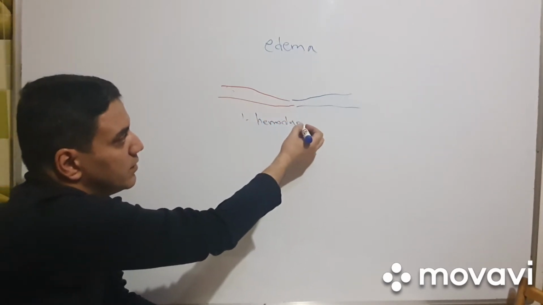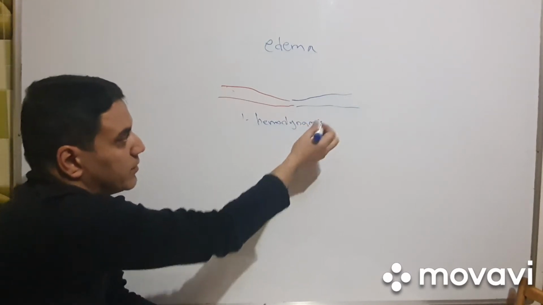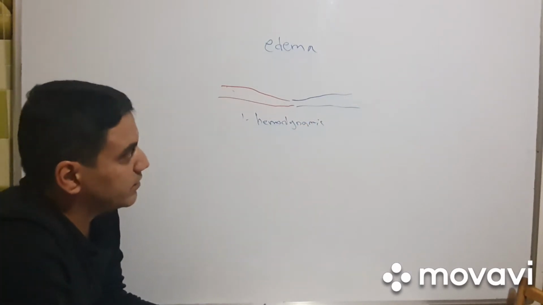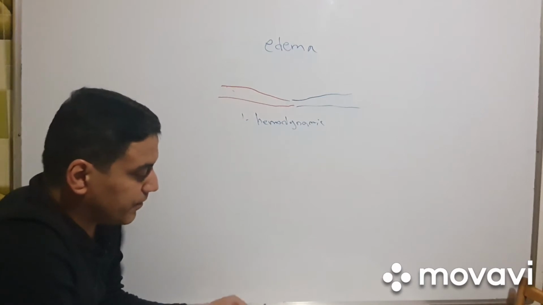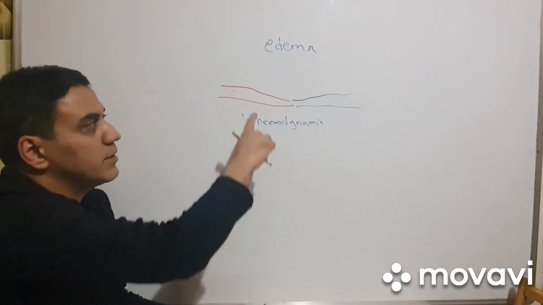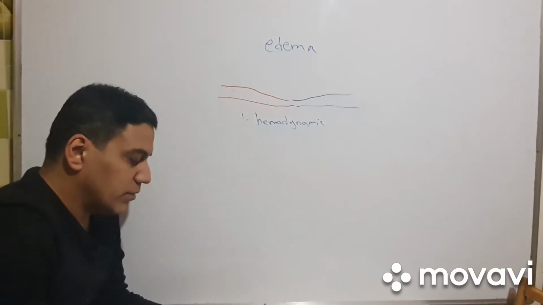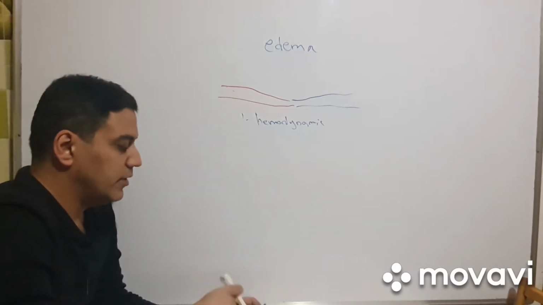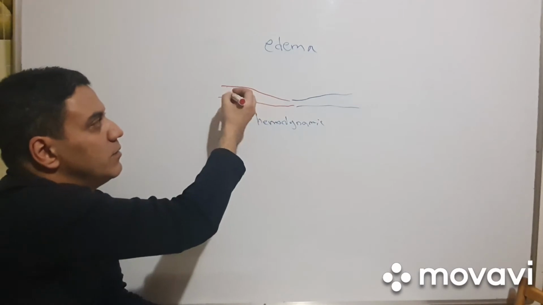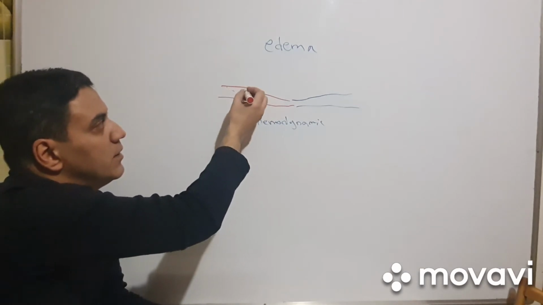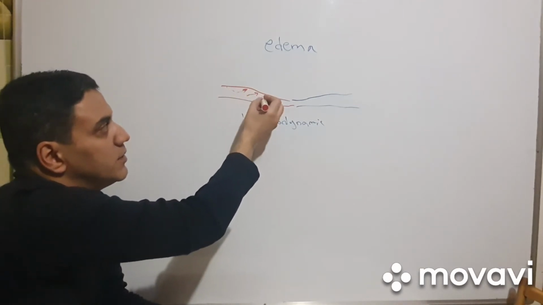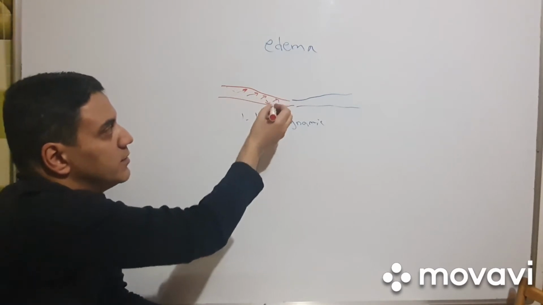hemodynamic factor. What is this factor? We know that inside the vessels we have hydrostatic pressure. What is hydrostatic pressure? When the blood flows, it presses on the wall like this.